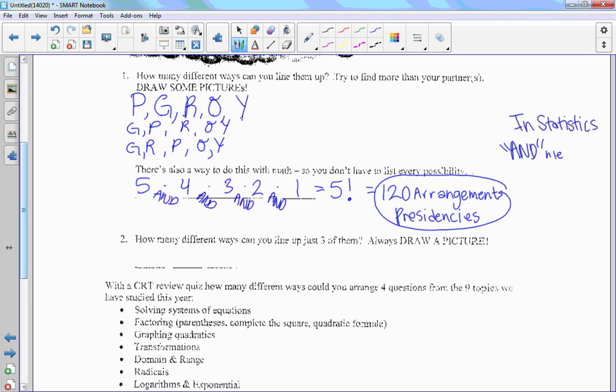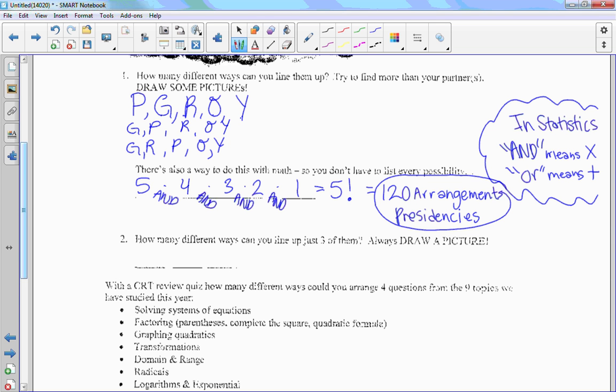"And" means multiply. "Or" means something else. "Or" means add. So look for those words over in statistics. Can you put the calculator down, please? "And" means multiply, "or" means add. So be aware of those two different words when you do something different.